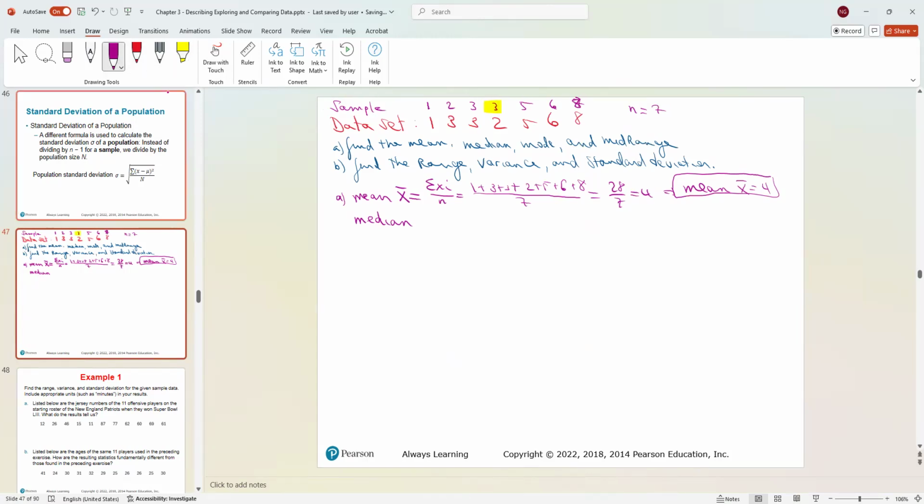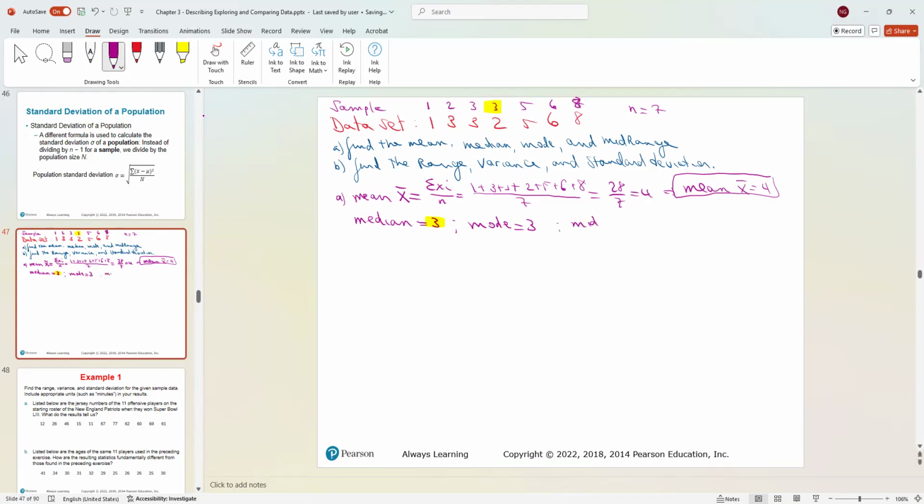So for us, the median is 3. Again, for the mode, the mode is the data that is repeated the most. What data do you see repeated more than once here? 3. The data with the greatest frequency is 3.